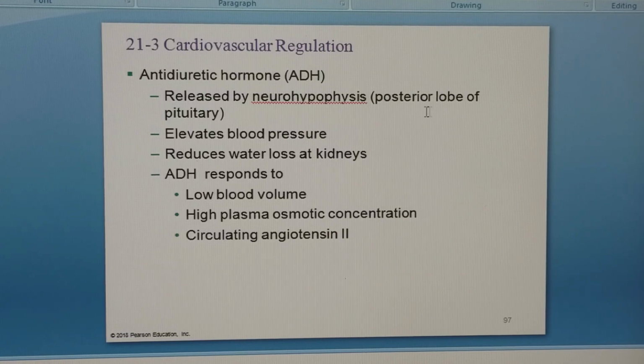Let's just discuss this a little bit. Antidiuretic hormone. Diuresis means we're losing fluids from the body. If we want to anti that, we're not losing fluids from the body, so we're retaining fluids. That reduces the water loss and elevates the blood pressure as we're holding those fluids in.